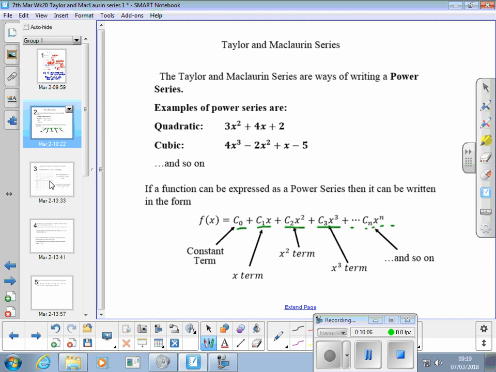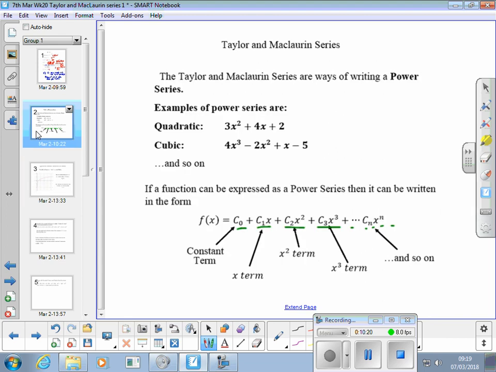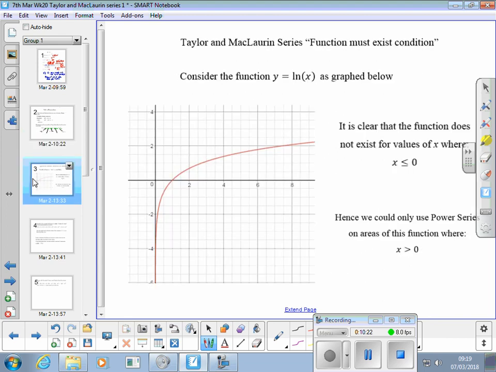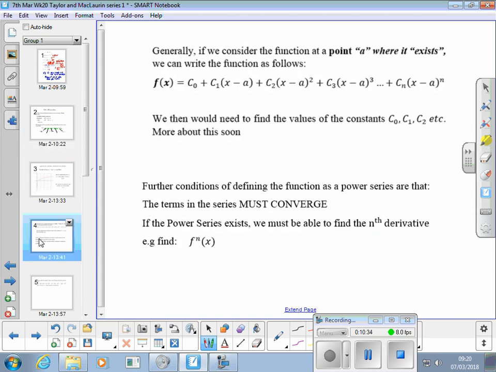So, looking at the next slide, consider the function y is equal to log of x, natural log of x. I've got something in the wrong order here, I think.